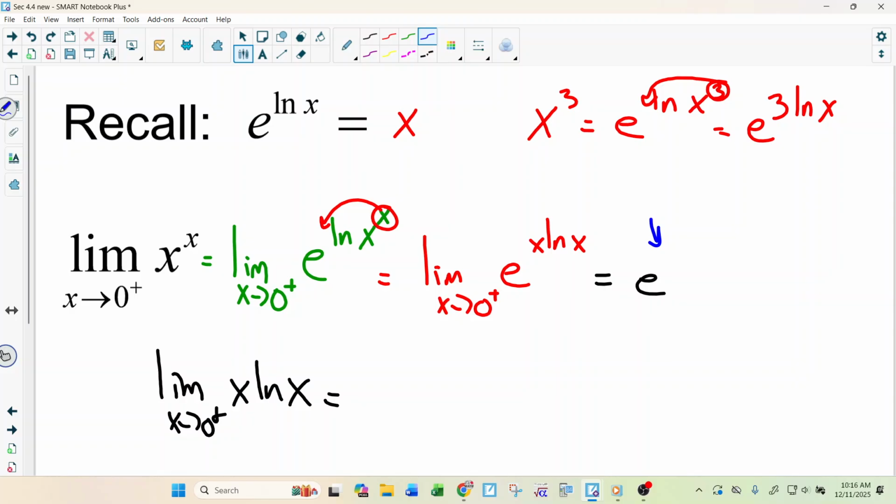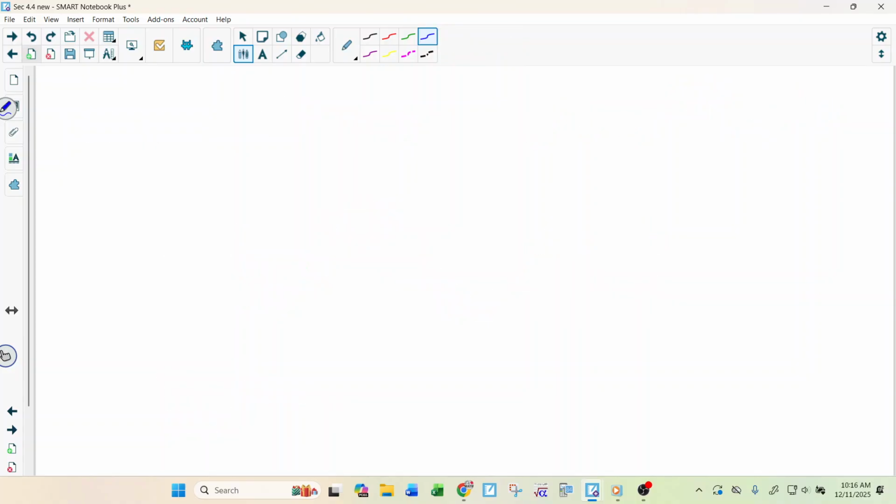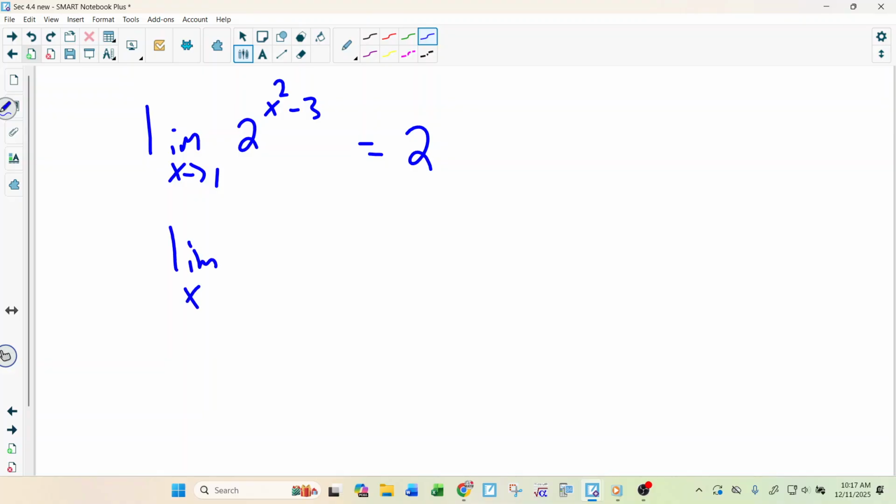It'd be similar if I said, what's the limit of x to the 1 of 2x squared minus 3? Well, really the only part that has a variable is the exponent, right? So my answer is just going to be 2. Really all I've got to do is figure out the limit of the exponent, and then that just goes there. Does that kind of make sense? So that's what we can do here.